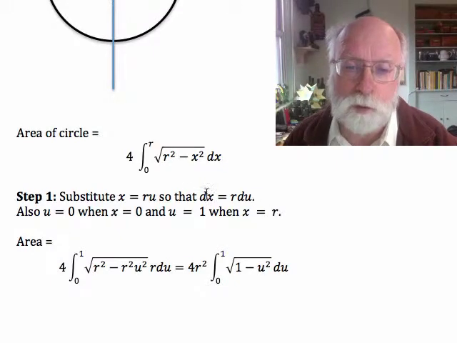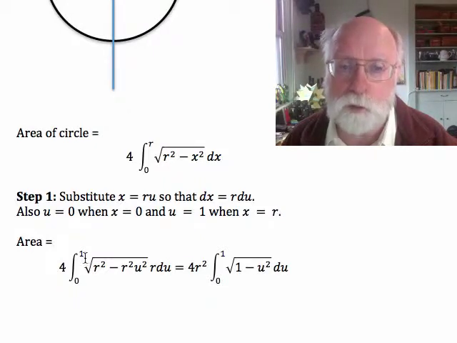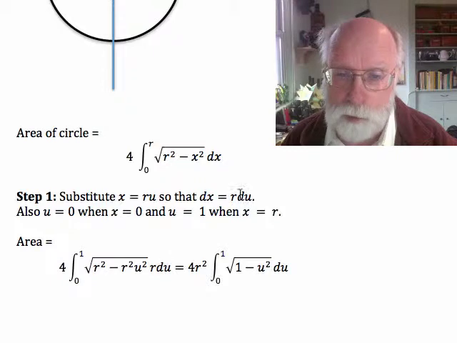So the substitution changes the integral to 4 times the integral from 0 to 1 of the square root of r squared minus r squared u squared times r du. The r du comes from the dx.